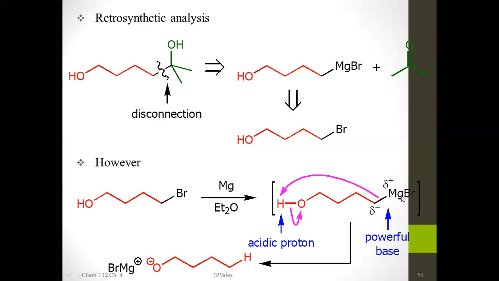You have your MgBr. This is a strong nucleophile, but this can also be a base, in which case, if you have OH in its group, it can actually deprotonate this OH here. And actually what you get is an O minus, and what you get is OMgBr.